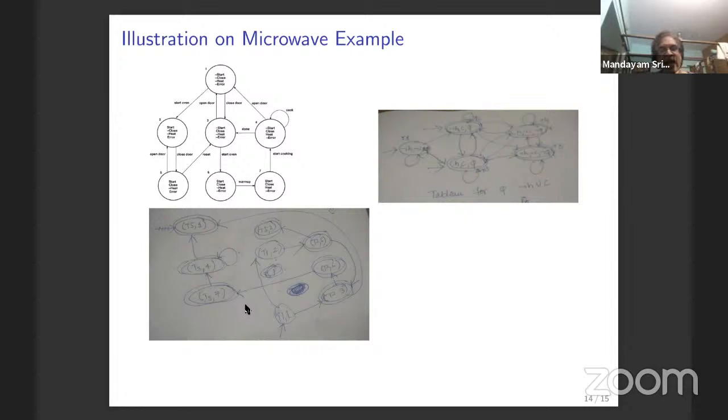And then after that, what do you do? You will have to collect all states here that contain the negation of this, from which there are fair paths.